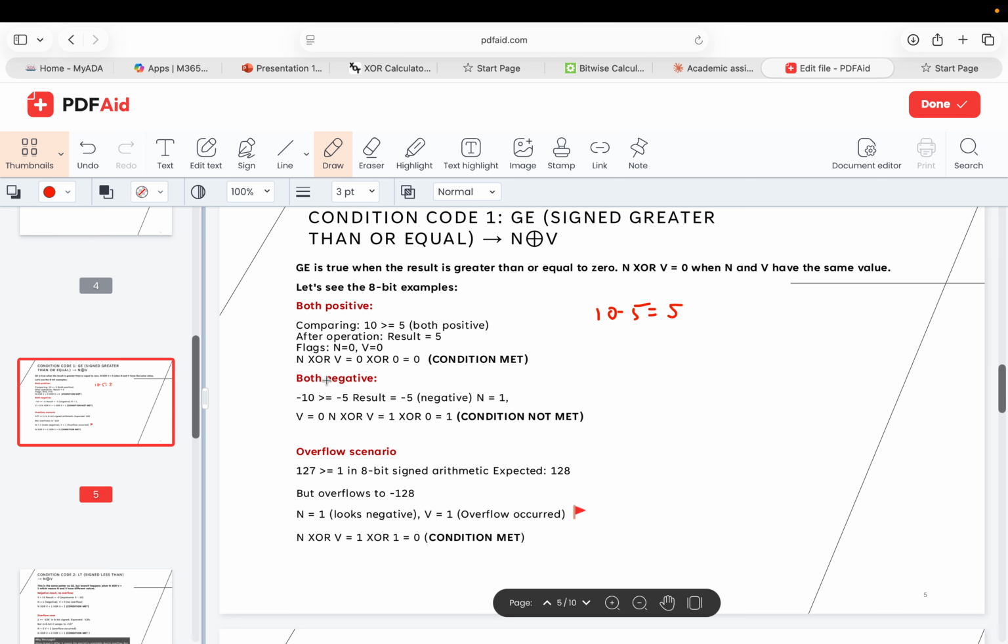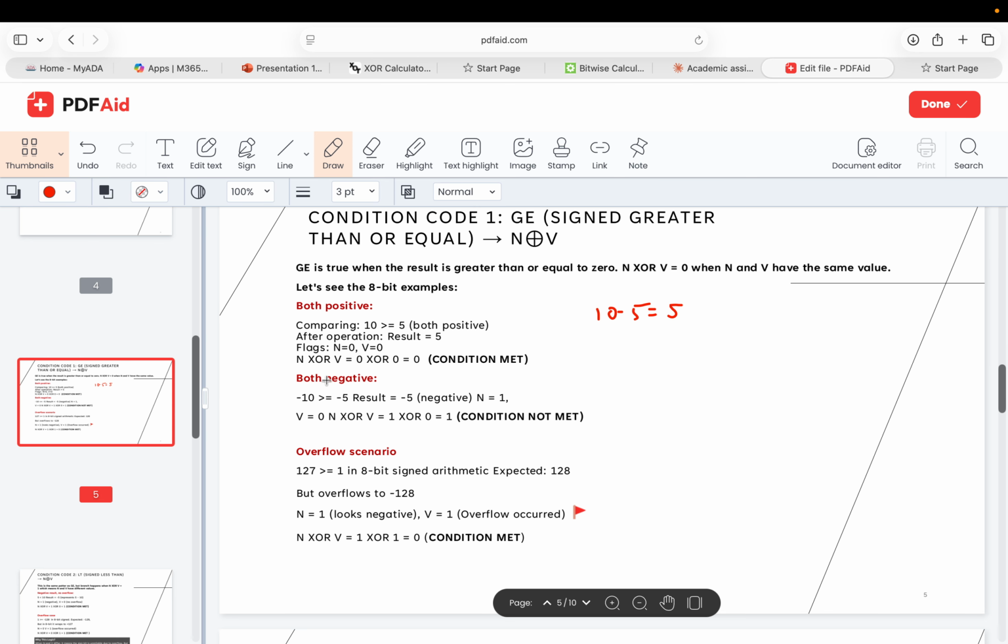The negative flag is set to 1, and the V flag, since there is no overflow, is set to 0. 1 XOR 0 equals 1. The condition is not met, so we know that this statement is not true.